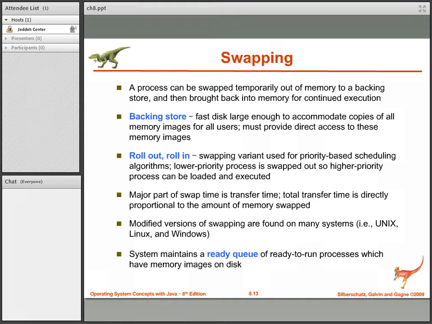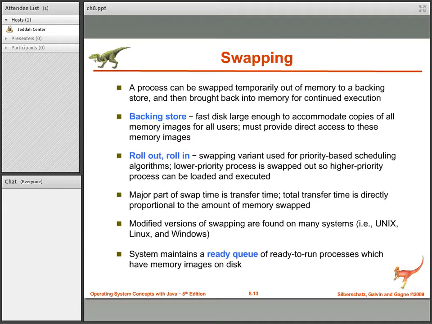Another operation that could be involved is the roll out and the roll in. This is the operation of swapping used for priority-based scheduling algorithms. A lower priority process is swapped out to make room for a higher priority process.